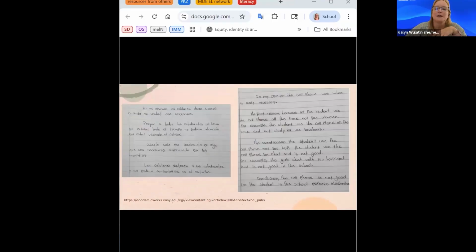This particular one is about a student who outlined something in Spanish. This was about cell phone use and whether it should be used at school or not.